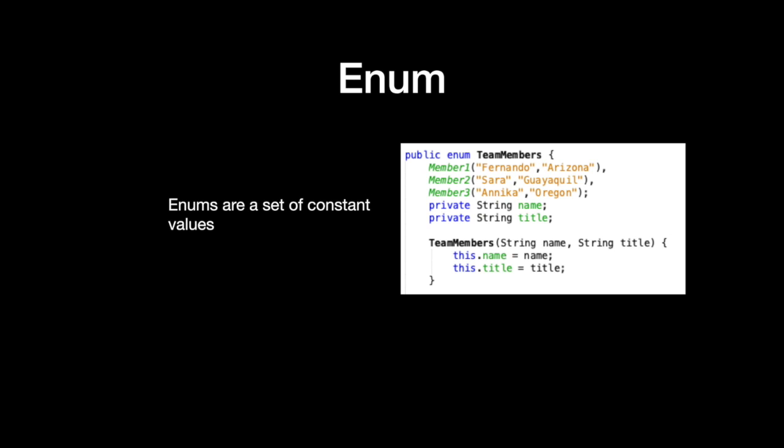This is a good opportunity to use an enum when we have values that are constant, for example, the names of the days of the week, or perhaps a number of items limit, something like that.